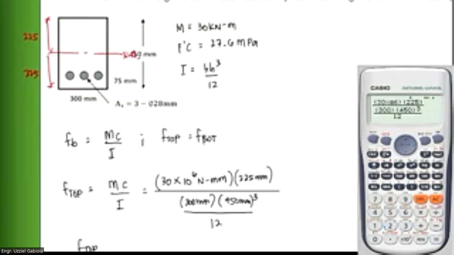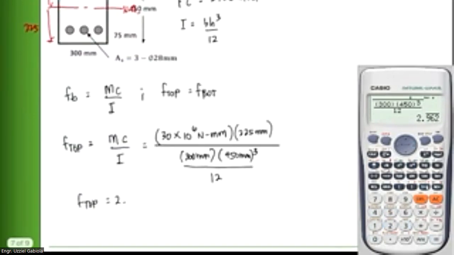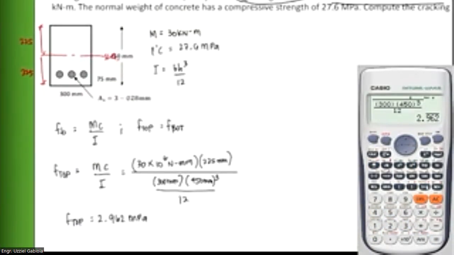Okay, so we have a value of 2.962 megapascal. So that is our bending stress for the top and bottom fiber.